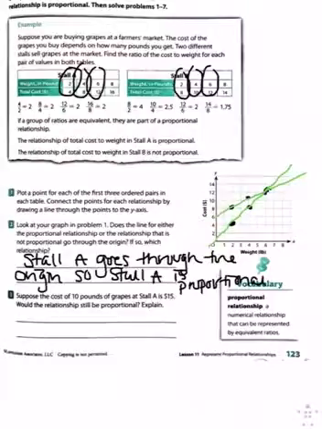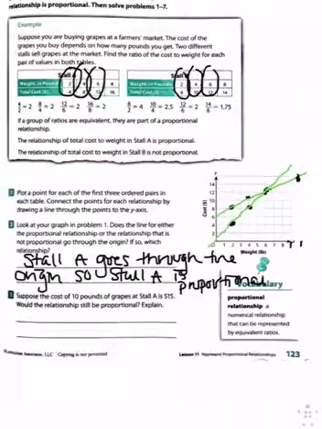Problem number 3. Suppose the cost of 10 pounds of grapes at stall A is $15. Would the relationship still be proportional? Explain. So this would be 9, and so we would say that this one right here would be 10, and so the price would be 15, so that would be about right here.